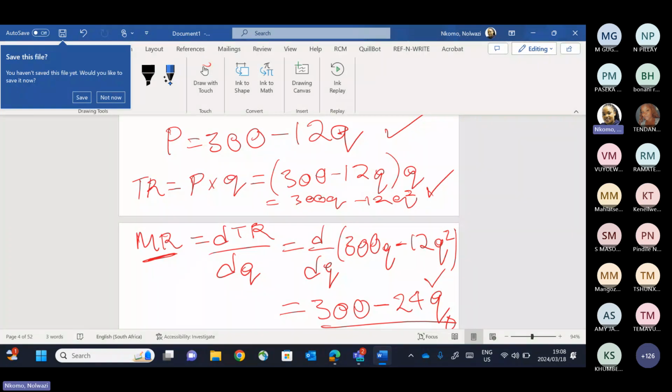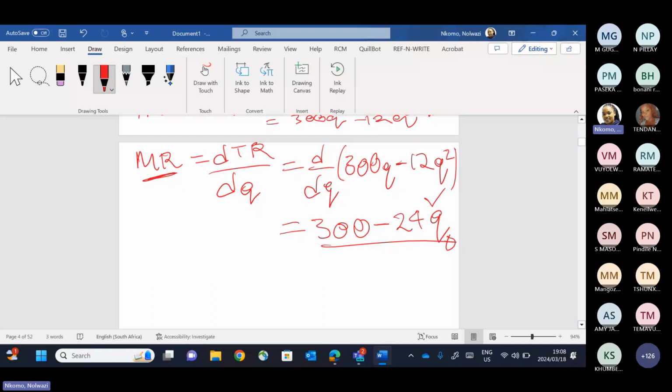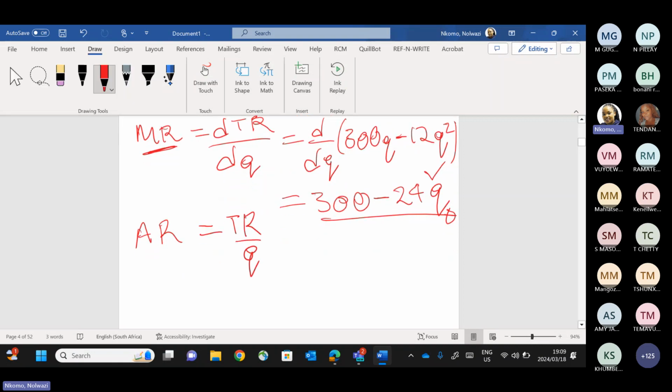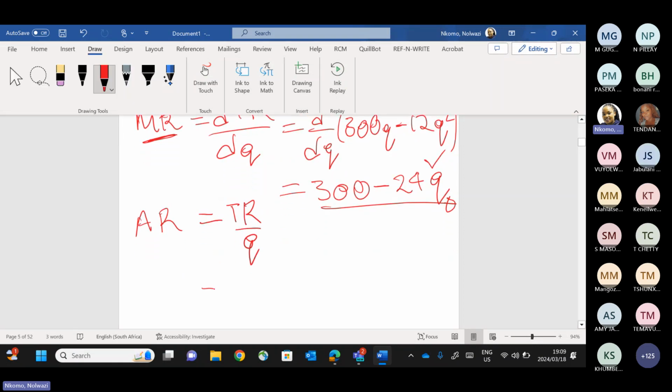Remember, we said the average revenue is the revenue per unit output, meaning AR is equal to TR over Q, right? And what is our total revenue?